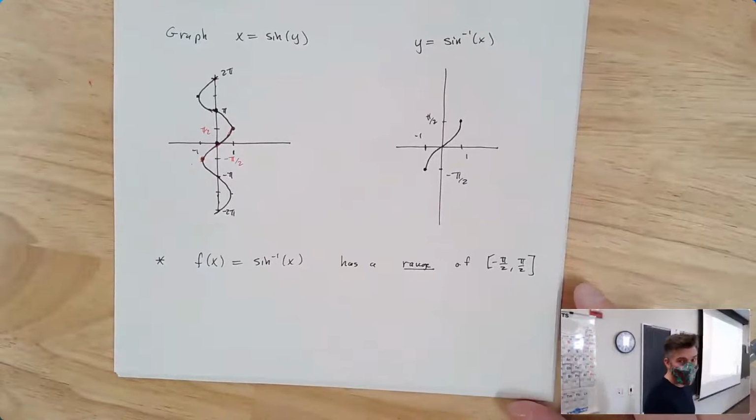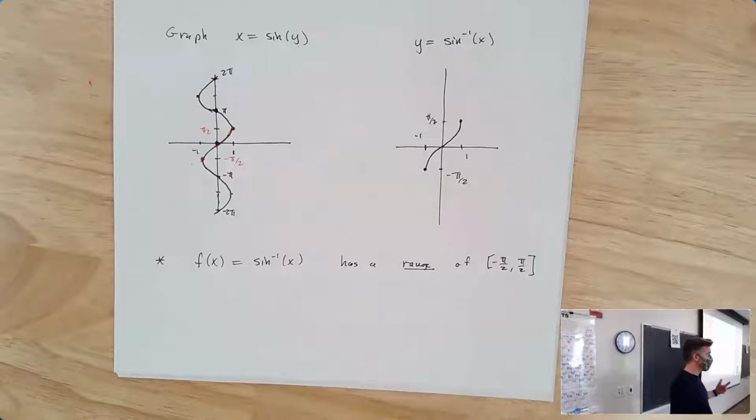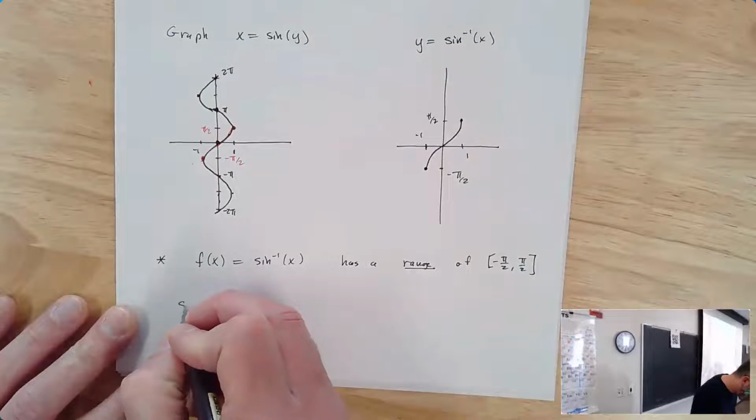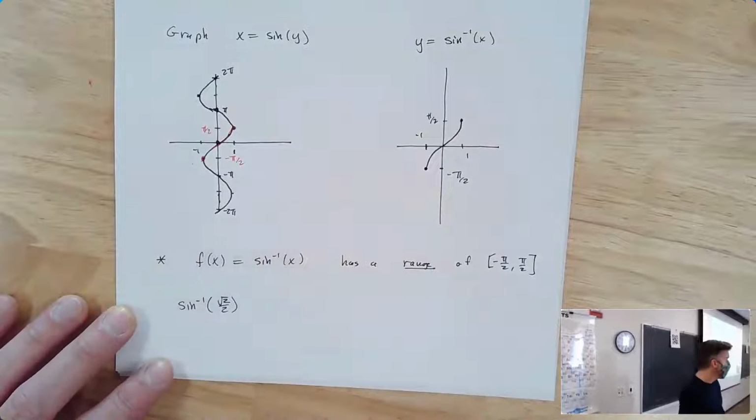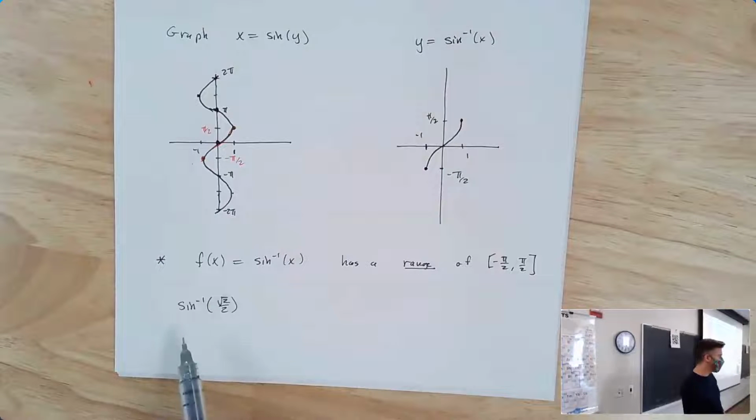Meaning, when someone asks you what's the inverse sine of some angle, the only values you can give them are between -π/2 radians and π/2 radians. Or if you're talking degrees, -90 degrees or positive 90 degrees. So for example, the inverse sine of √2/2. When I read this, those aren't the words I say in my head. When I look at this, here's what I think you should say.